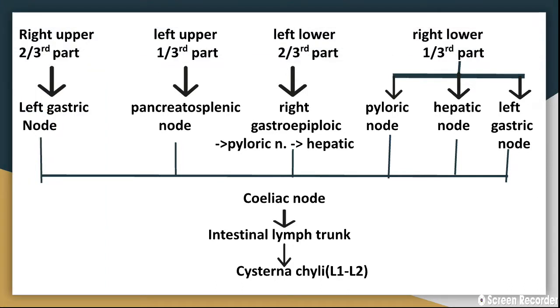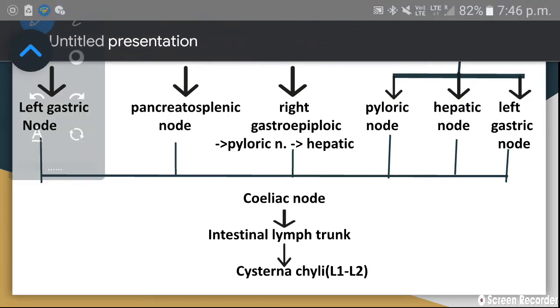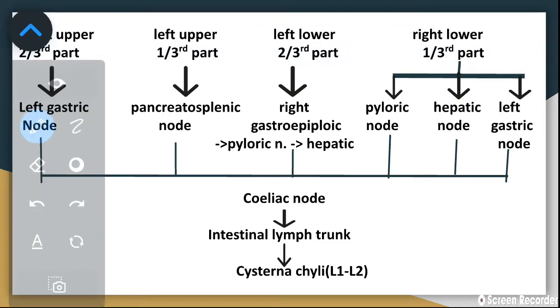The right upper 2/3 part drains its lymph into the left gastric node. The left upper 1/3 part drains its lymph into the pancreatico-splenic node. The left lower 2/3 part drains its lymph into the right gastroepiploic node, which passes it to the pyloric node, then to the hepatic node, and finally to the celiac node.